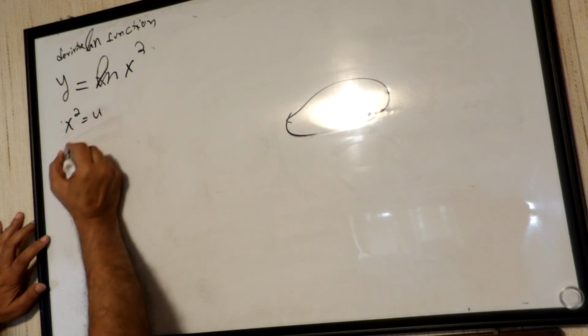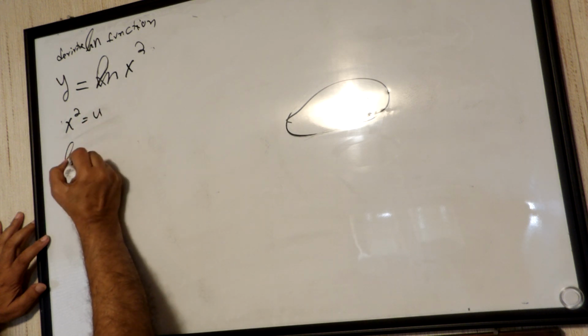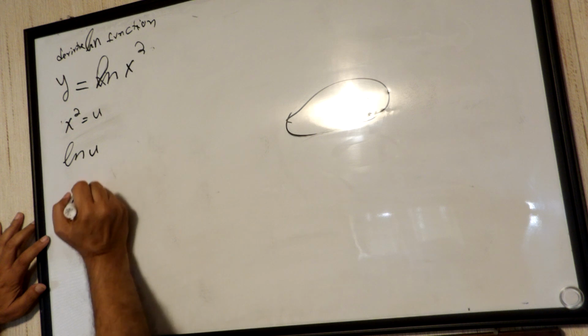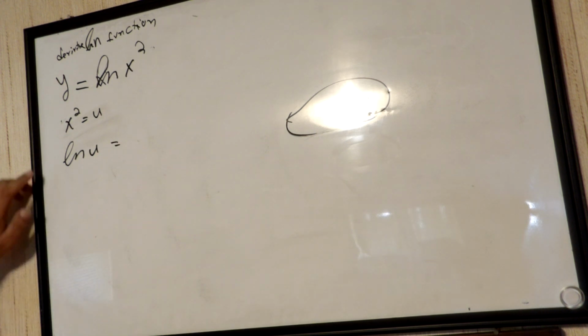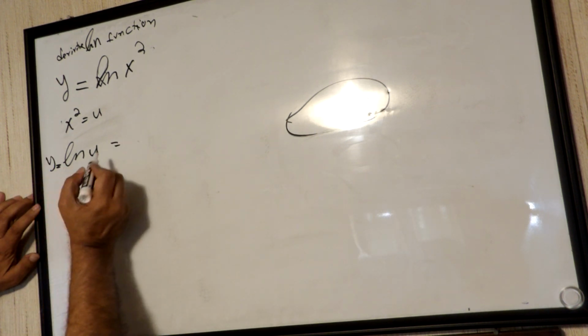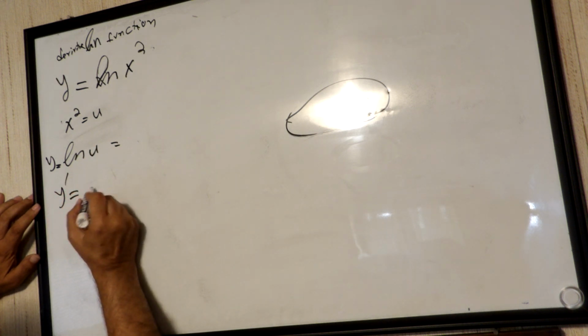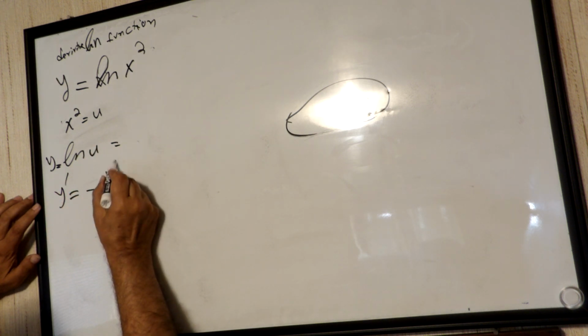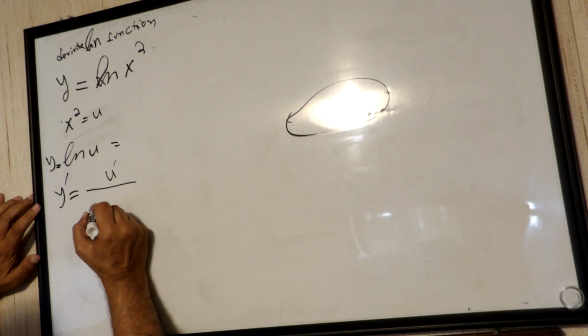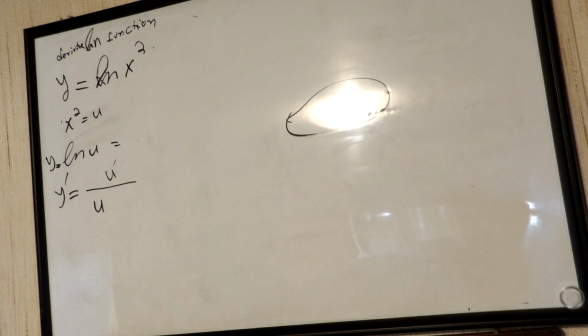So it's so easy. You just write the derivative of this is going to be u prime divided by u, and that's it.